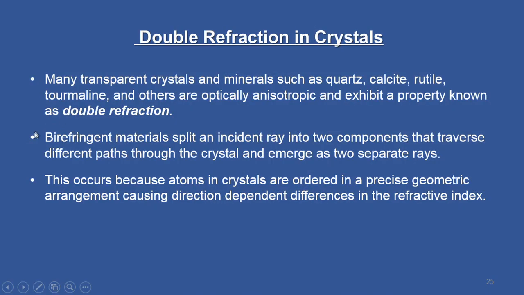So, if I look at this object which is made of birefringent materials that split an incident polarized light into two components, one is called the ordinary ray, another is called the extraordinary ray. This is also called the O ray and E ray. The ordinary ray will obey all the optical rules, that is Snell's law and so on.